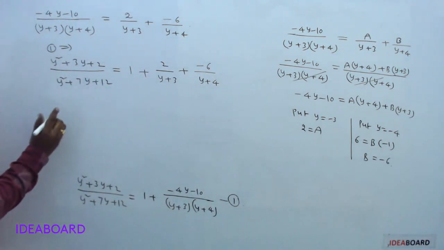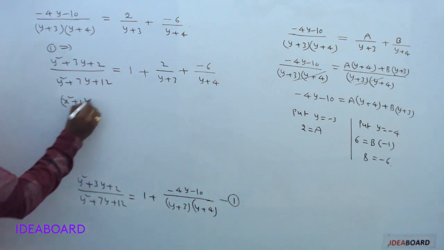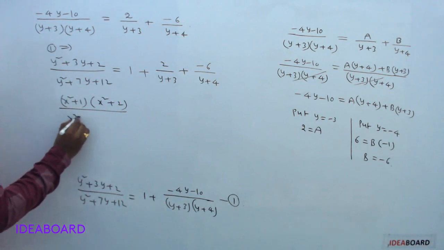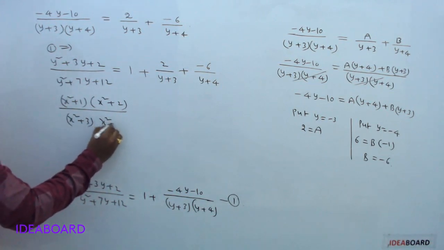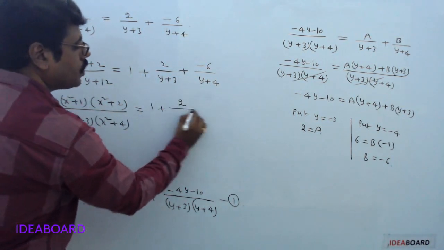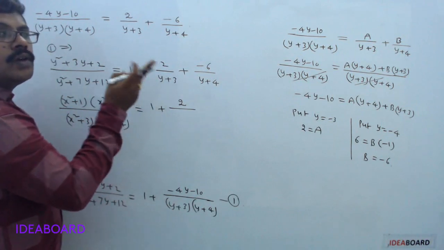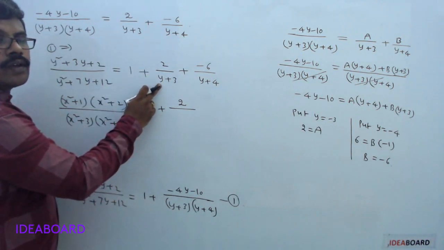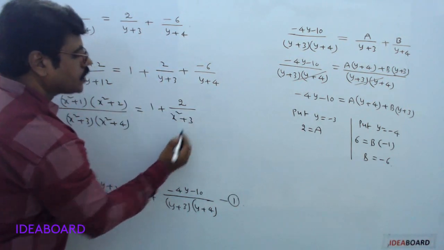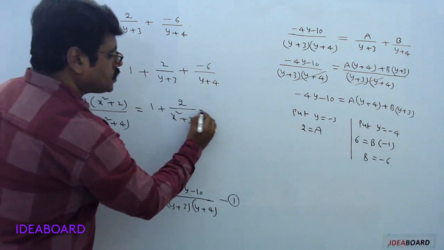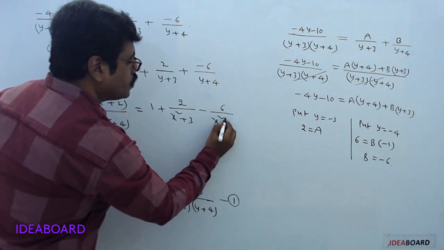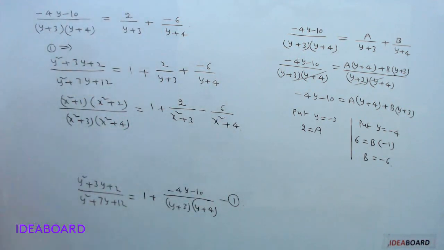Now, in place of this expression, you can write (x square plus 1) into (x square plus 2) divided by the denominator (x square plus 3) into (x square plus 4). This is equal to 1 plus 2 divided by, what is your y value? Initially you have taken x square equal to y. So replace this y with x square: x square plus 3, minus 6 divided by, replace y with x square, so x square plus 4.